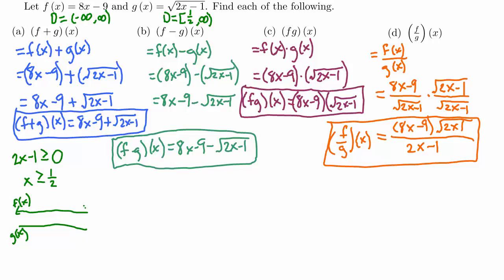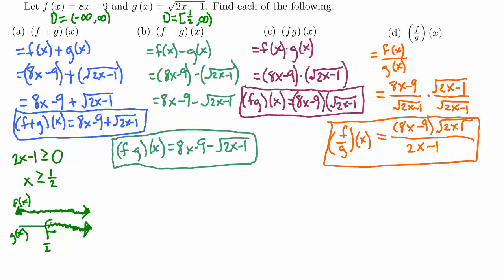Now, f of x is all real numbers, which means everything here, including the arrows. G of x, however, means I start at 1/2 and go to the right, and I keep going to the right. I also include the 1/2 using a square bracket.